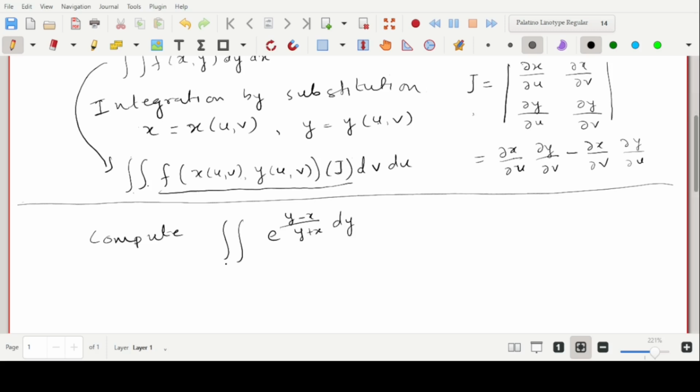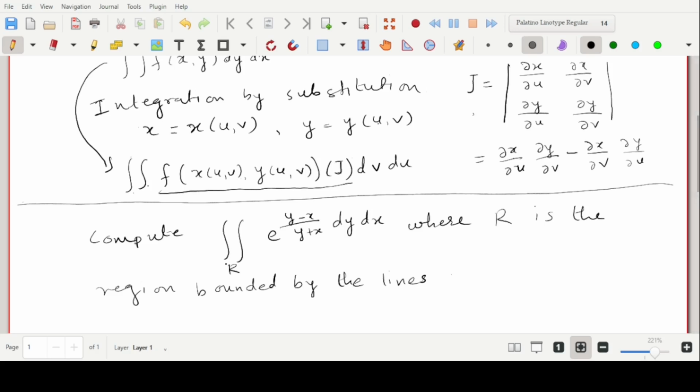dy dx over region R, where R is the region bounded by the lines y minus x equal to -1, y minus x equal to +1, y plus x equal to +1, y plus x equal to -1.